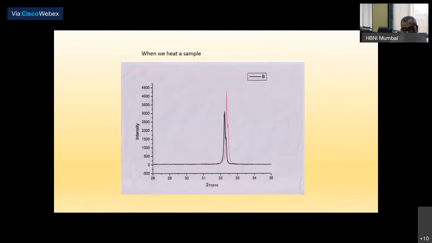Now the fact is that this change is e to the power minus q square, u square, g square. So if I know this g, which is very simple, I can find out the average displacement around the mean, and that is known as the thermal sphere. But in general, if you really want to do a proper fitting, this is often not a spherical distribution around the mean.